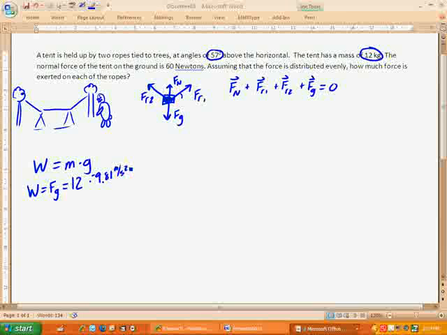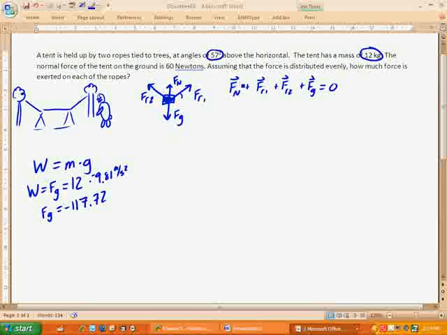And if I do that, then I get 117. So the force of gravity is equal to negative 117.72.